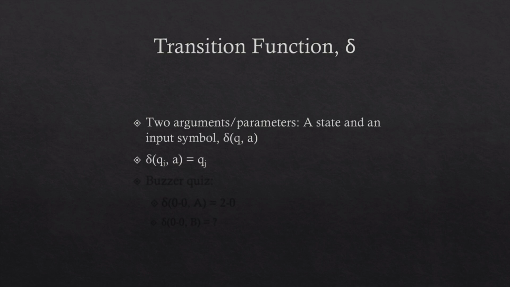In this representation here, if the current state is Q sub I and the next input symbol is A, then the automaton moves to state Q sub J.